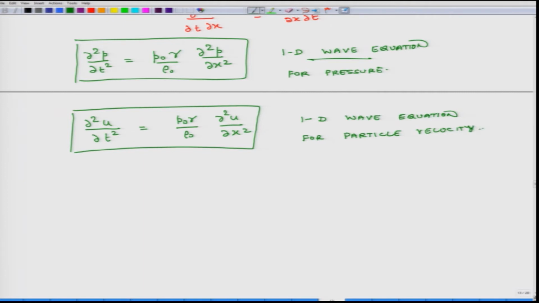So, in both these cases the equation is for one dimensional wave propagation.